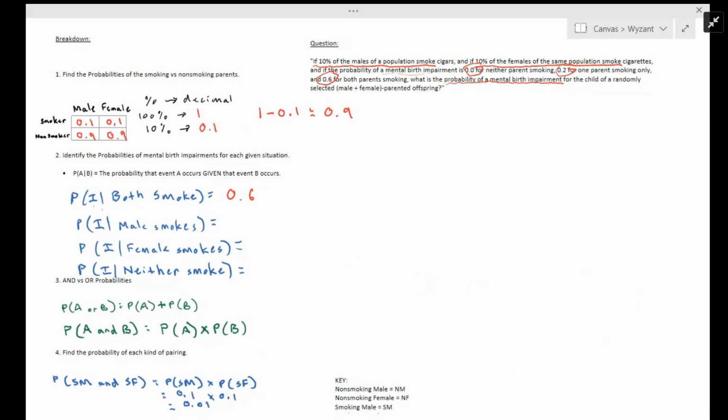Probability of an impairment given that only the male smokes, 0.2, and another 0.2, and 0.0 according to the question.